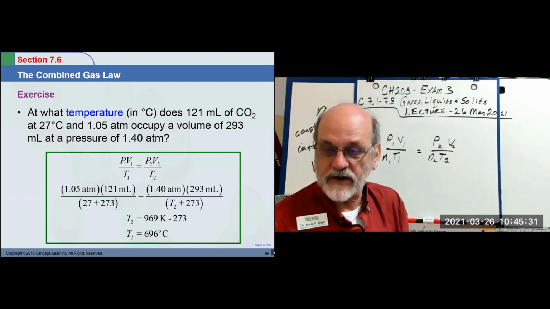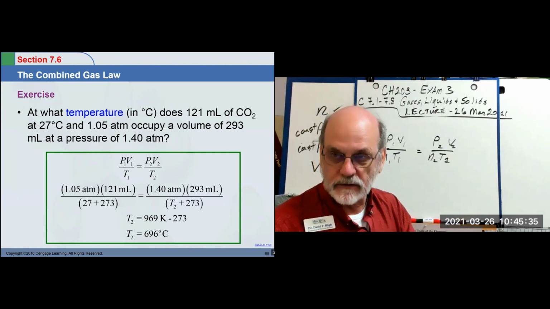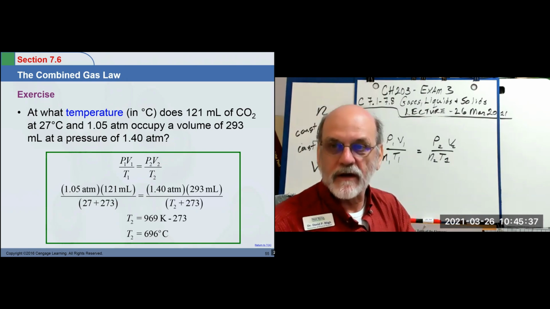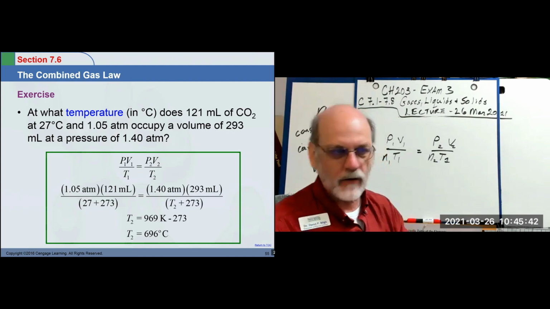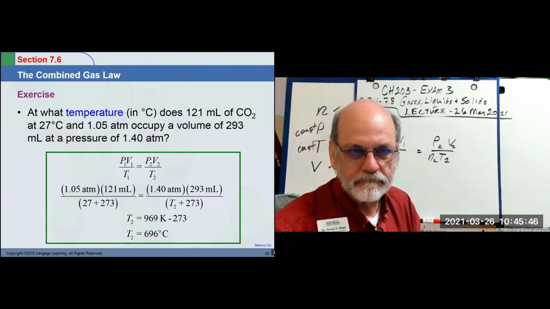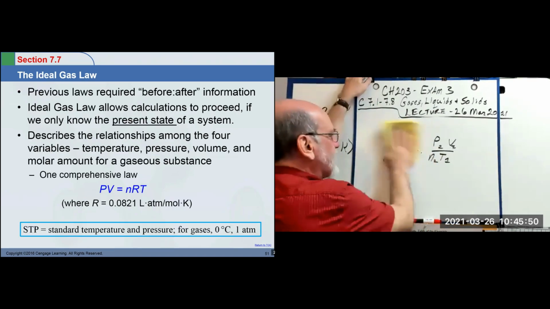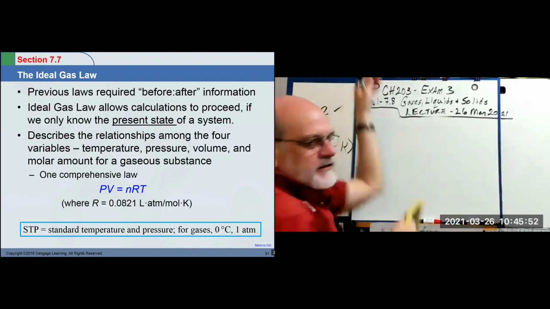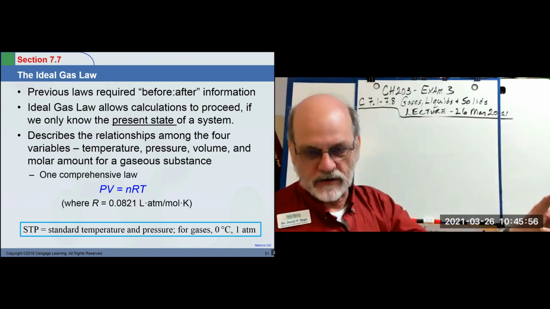So there's a chemical reaction, and we can relate the before and after, knowing the mole relationship, the stoichiometry of the reaction. I don't have that formula up here for you, but hopefully we'll get to it at one point. Now, everything up till now, we've discussed in terms of before and after. You know the conditions before, then you make a change.